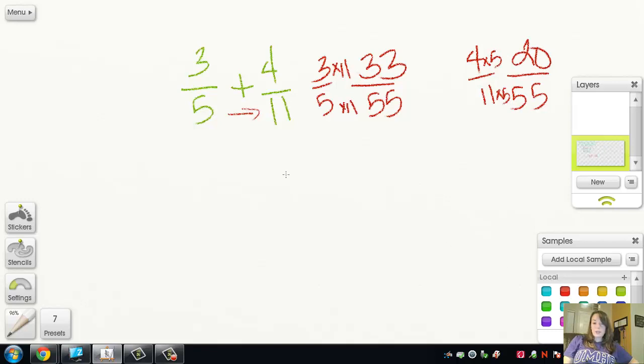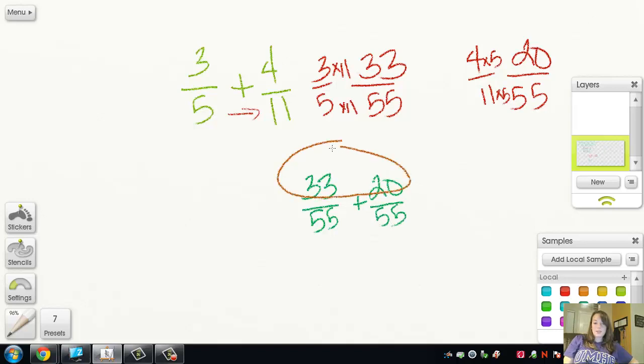Now I'm going to work it out. 33 over 55 plus 20 over 55. This is where I add my tops together. 33 plus 20 is 53. And then I keep the bottom number the same. 55 and 55 stays 55.